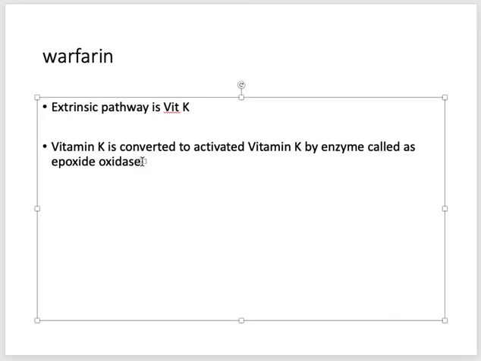Okay, so warfarin blocks this enzyme, and when this enzyme is blocked, what will happen? All these clotting factors will not form, and when the clotting factors do not form, there will be less and less clotting. Okay, so anyone who has over clotting, like they are clotting too much, we can give them warfarin to stop the clotting.